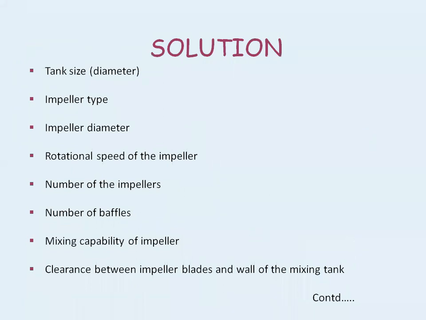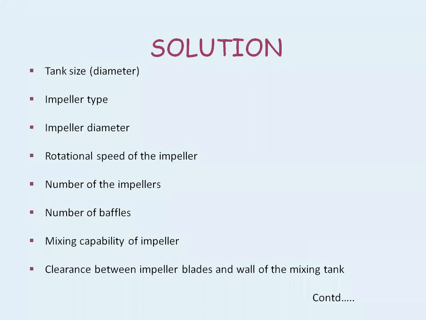Then we will discuss the requirement of the scale up technique for the solution dosage form. Solution means homogeneous. So we require a big tank, maybe 10,000 liter, 5,000 liter, for that mixing.